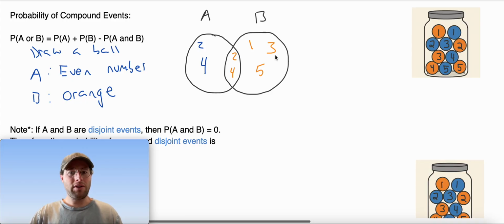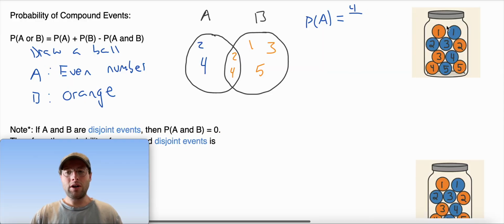Alright, so now we have our Venn diagram, and now we can start calculating some of these probabilities. So, the probability of A will equal, well, in A we have to include everything that is included in the circle of A. So we have 1, 2, 3, 4 favorable outcomes.